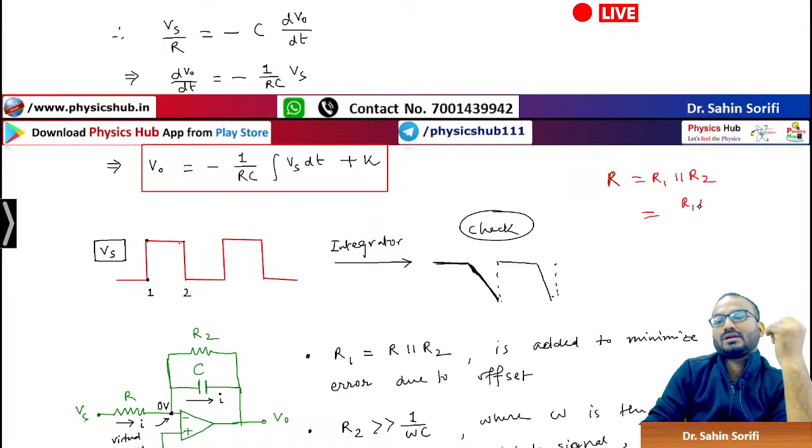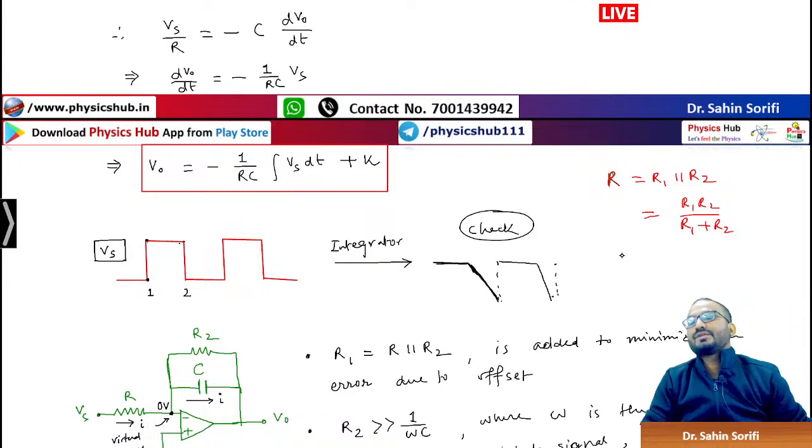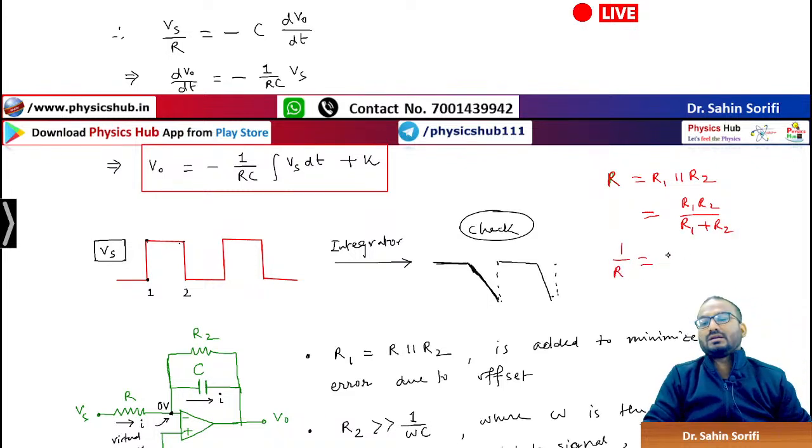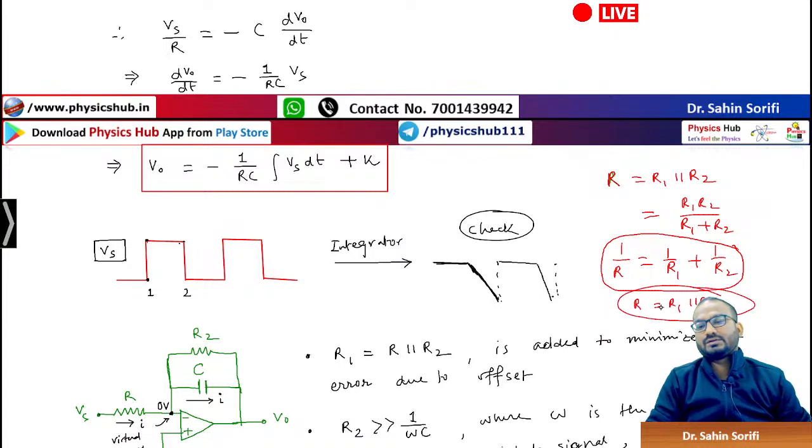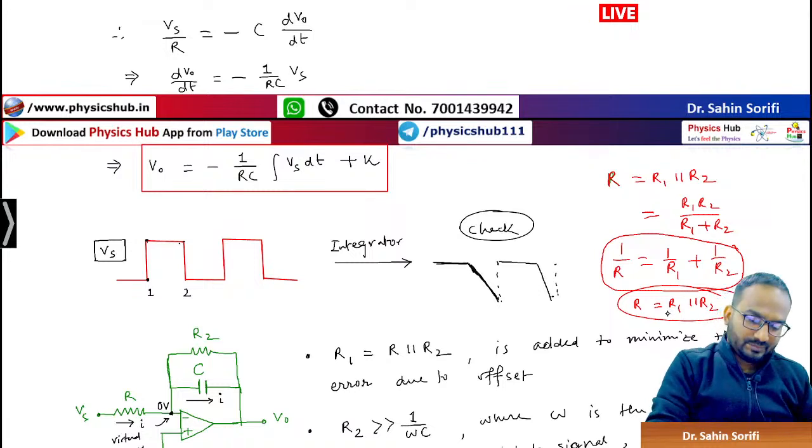It is R1 R2 by R1 plus R2, like making 1 by R equal to 1 by R1 plus 1 by R2. This is the meaning when it is written as R equals R1 parallel R2. Got it, Murli?